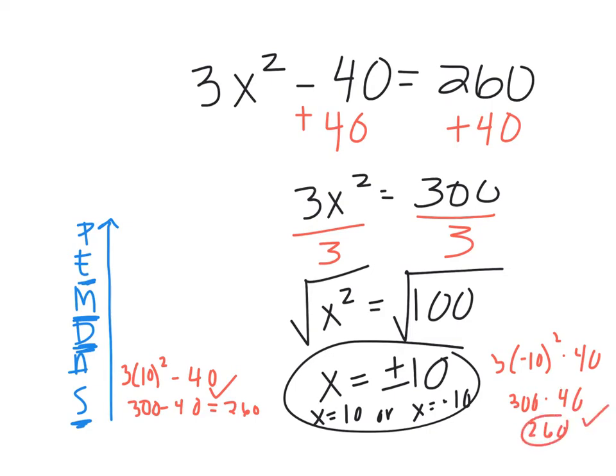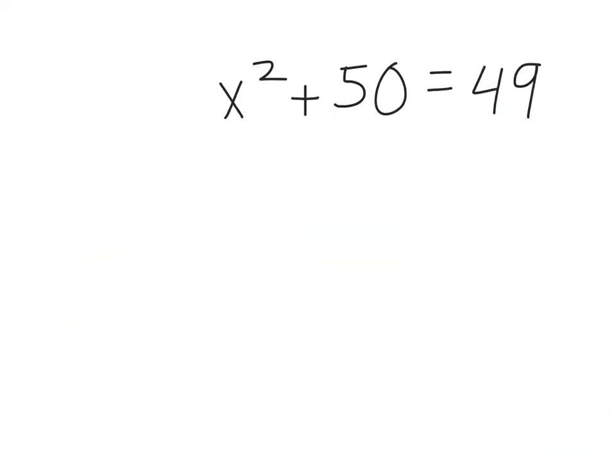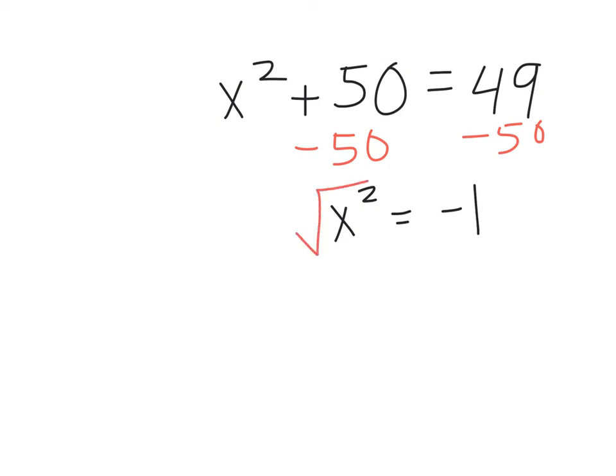So both answers work. Okay, now let's look at this one, because something unique is going to happen when we go to solve this one. Again, we want to get rid of the addition first, because we're going in reverse order of operations. Then we get x squared equals negative 1. You may remember that taking the square root of negative 1 is a mathematical no-no, because 1 times 1 is positive 1, and negative 1 times negative 1 is also positive 1.